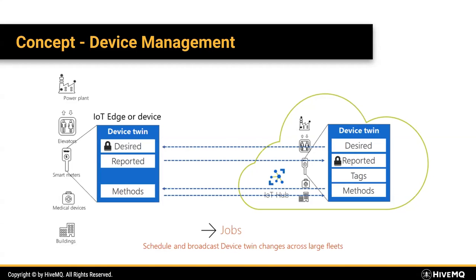So this is how this can work, and why this is also an important part when we mentioned cloud orchestrated and cloud managed deployments, and also cloud managed device management.